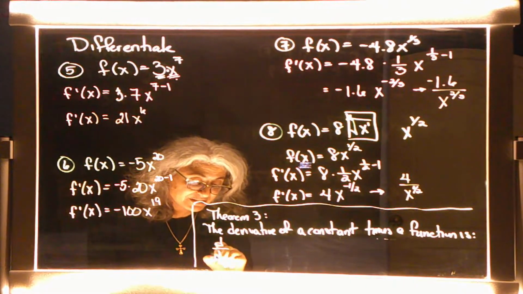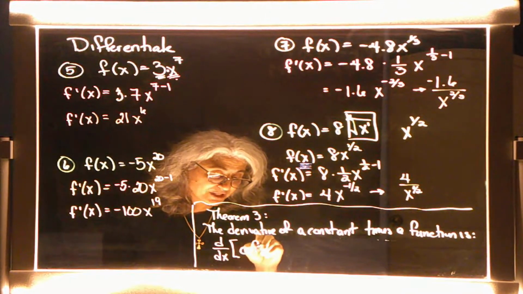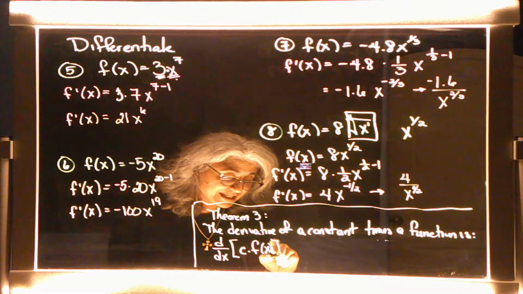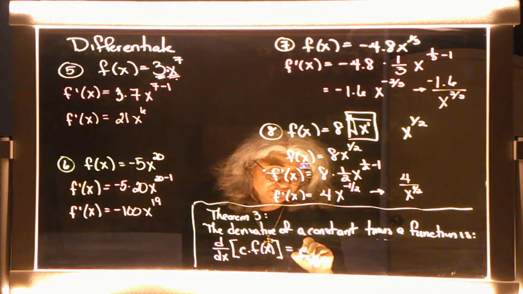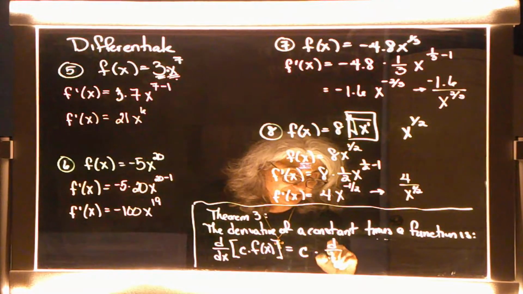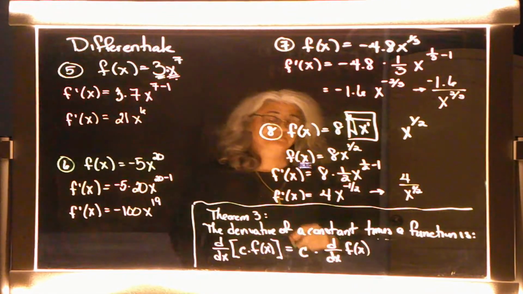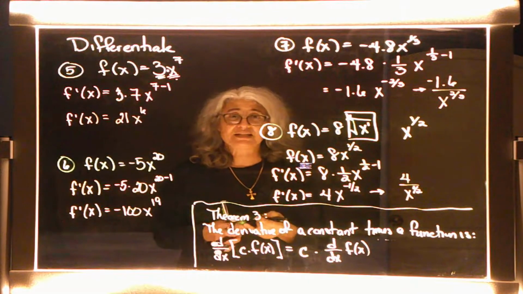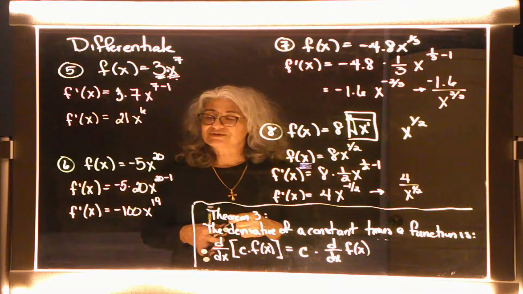The derivative with respect to x of a constant multiplied by a function is the exact same thing as if we took the constant and multiplied it by the derivative of the function, which is exactly what you did in these 4 problems. Good? Okay, stay tuned.